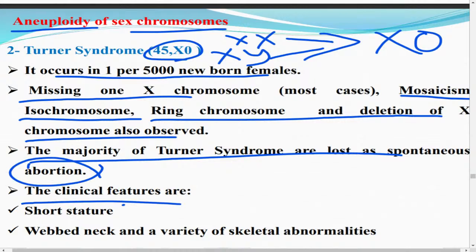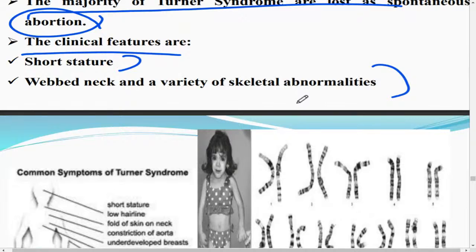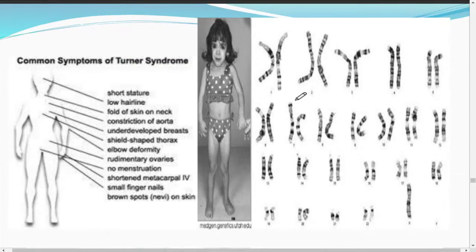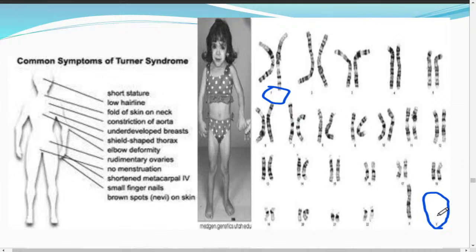The clinical features are short stature, a webbed neck and a variety of skeletal abnormalities. In this picture of Turner syndrome, there is a problem with a chromosome missing from the sex chromosomes here, which is X0, female. This is here called the sex chromosome.